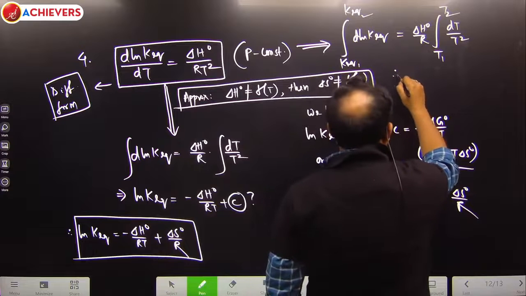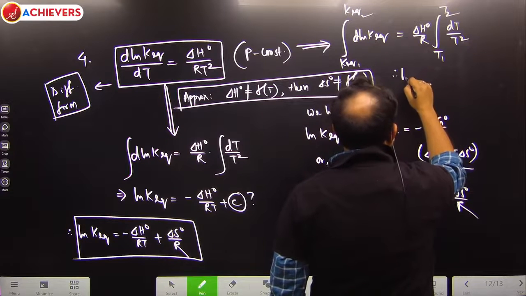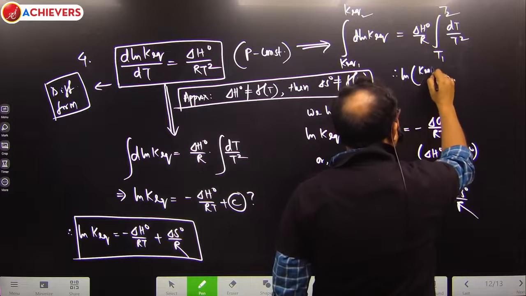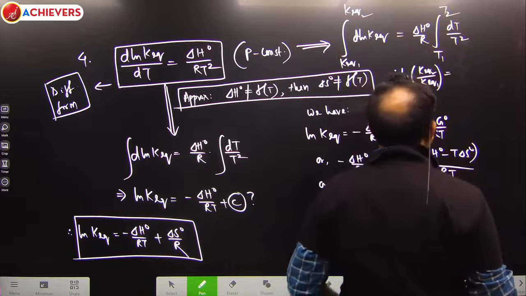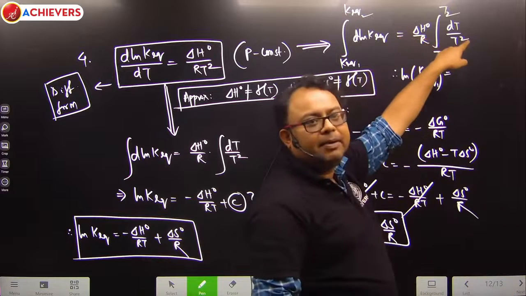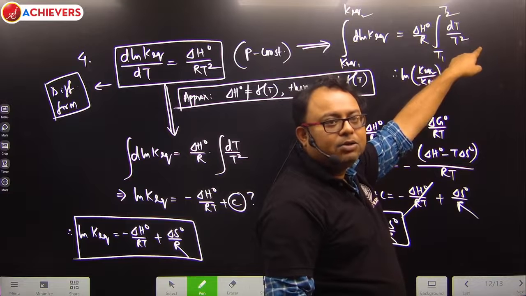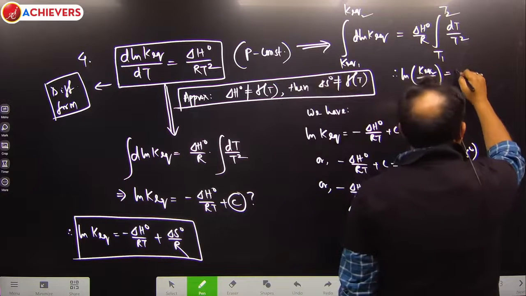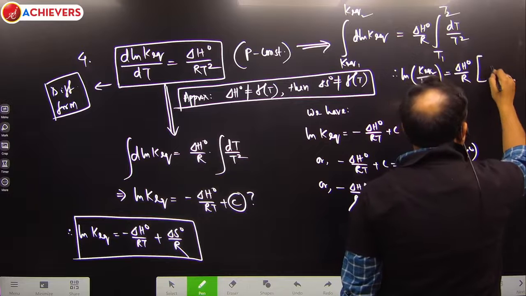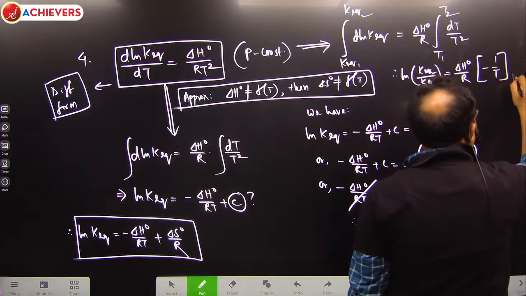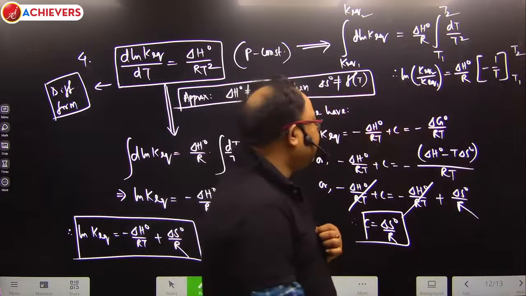Then what can you say? ln KQ2 by KQ1 equals delta H0 by R multiplied by minus 1 by T. There is a minus 1 by T term, with upper limit T2 and lower limit T1.